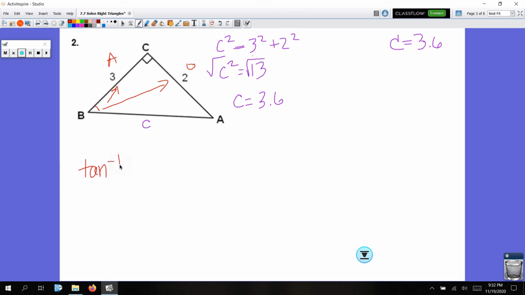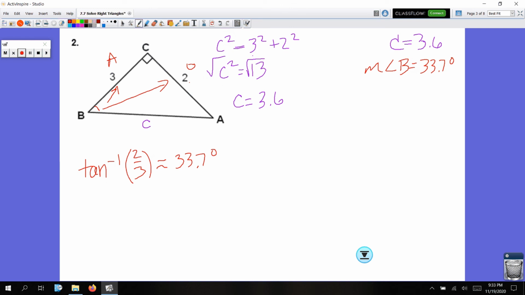So tangent inverse of 2 over 3 is going to give us the measure of angle B. Remember, you're rounding to the nearest tenth, so second tan, 2 divided by 3 is 33.7 degrees, right? So measure of angle B is 33.7 degrees.